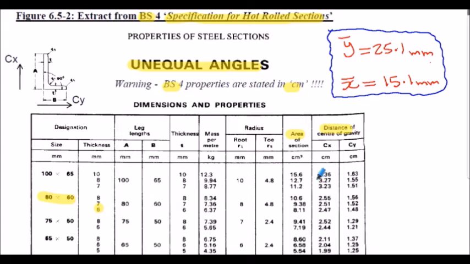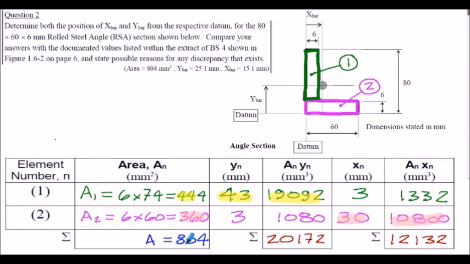So first of all, let's consider the area for this section. For the British Standard, that's 8.11 centimetres squared. Converting that to millimetres squared, that would be 811 millimetres squared. Going back to our table on the previous slide, we actually had 804 millimetres squared for our cross-sectional area.